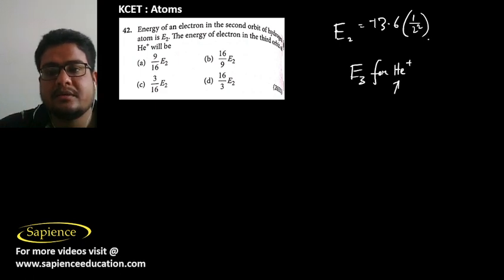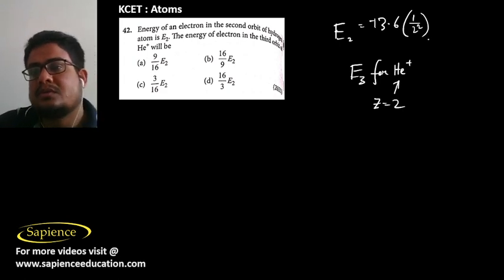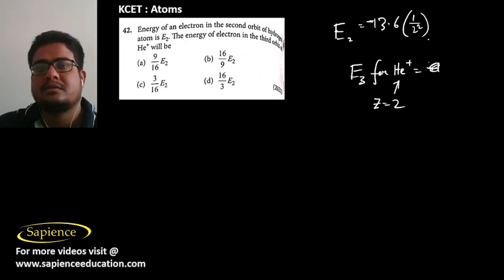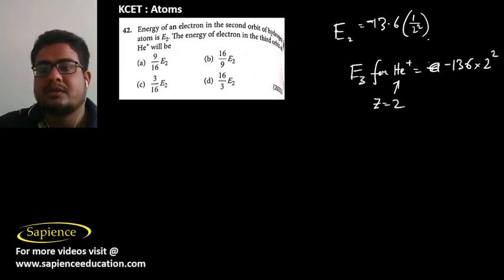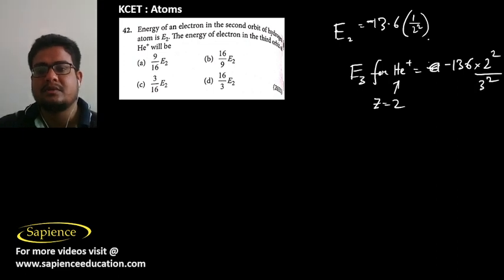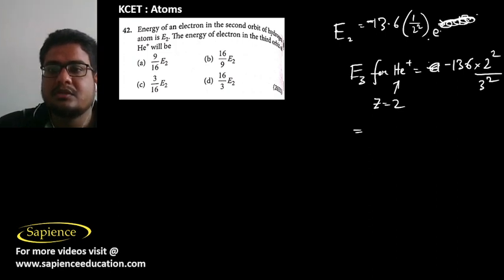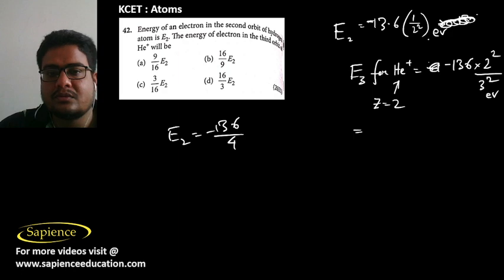So for helium, the atomic number Z is 2. So that will be minus 13.6 into Z square by n square. And from here E2 is equal to minus 13.6 by 4 electron volt.